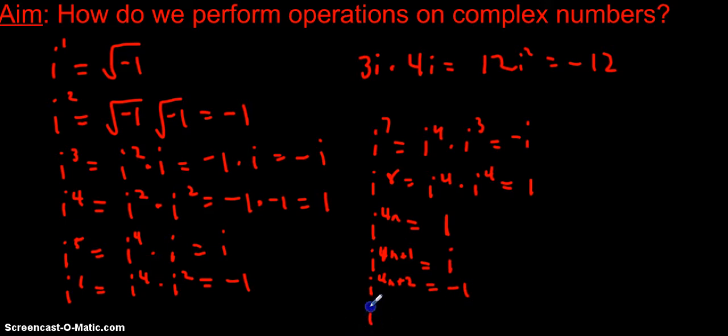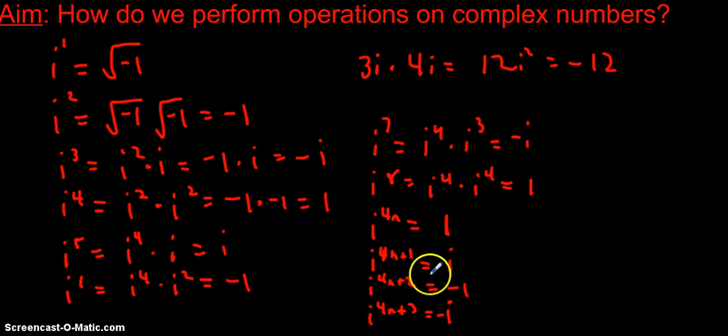If it has 3 extras, it will be equal to negative i, because the multiples of 4 would all become 1, leaving i to the 3rd, which is negative i.